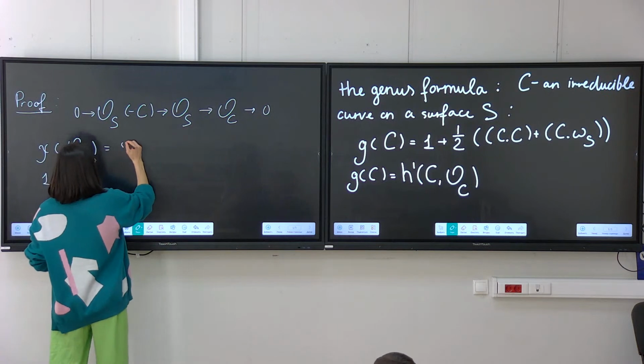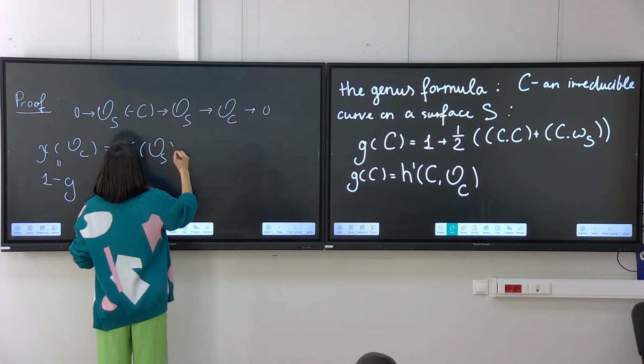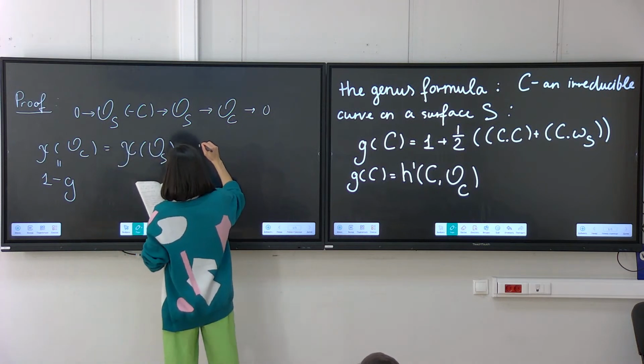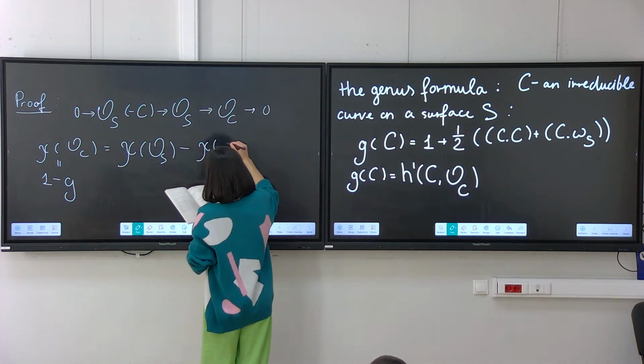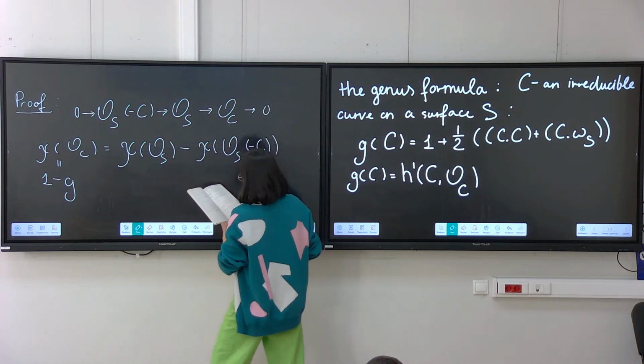And from this exact sequence, this is the Euler characteristic of O_S minus the Euler characteristic of O_S(-C).